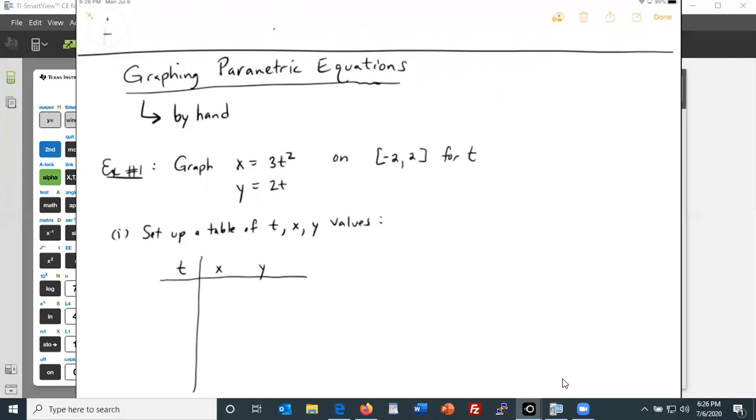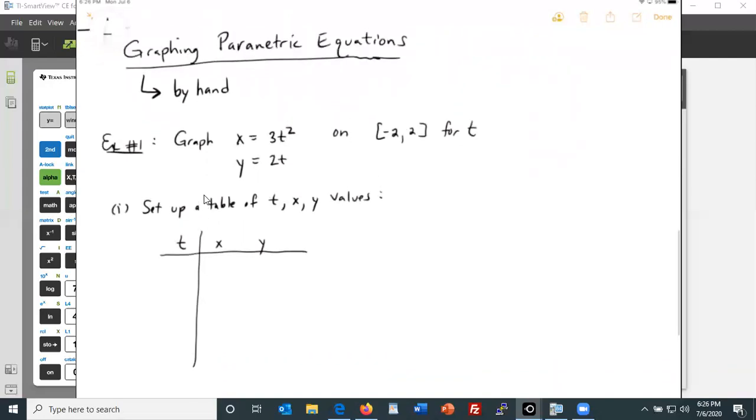You want to put t first because you're going to be picking values of t, not x values or y values. You're going to pick the t values, and then substitute them into these 2 equations to find x and y. So let's start with the first value of -2, and then we'll do t equals -1, t equals 0, t equals 1, and then we'll stop at 2 to satisfy the interval -2 to 2.